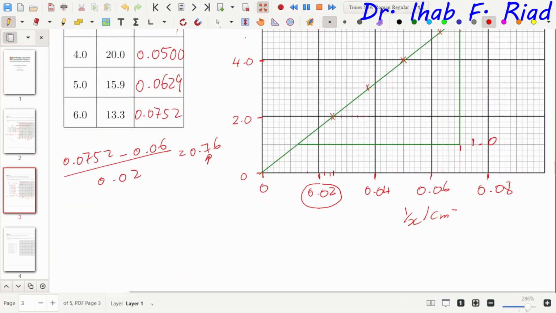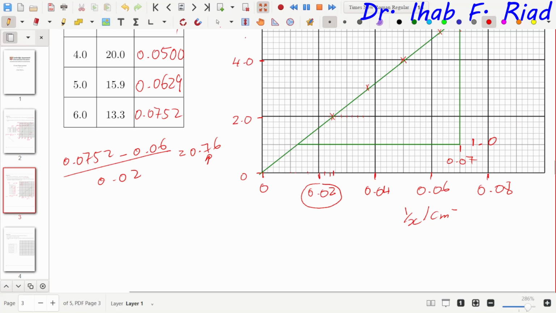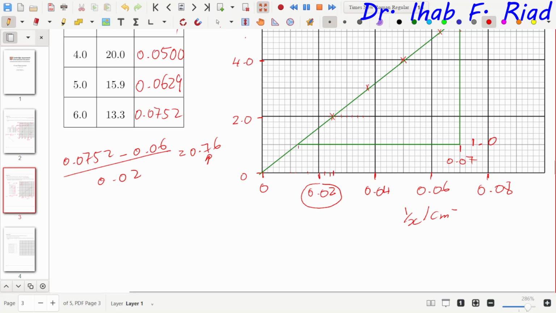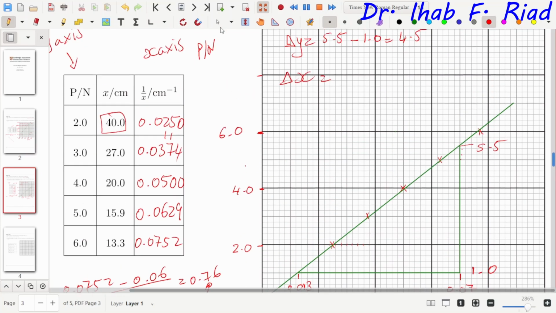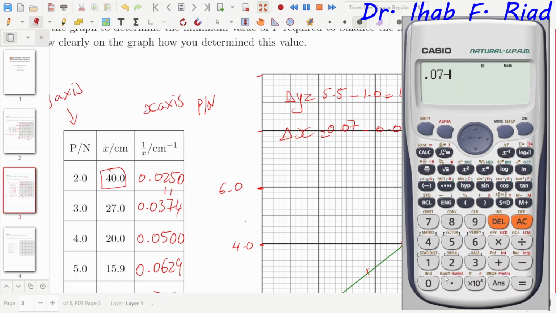What about the x? 0.06. This is 0.07. What about this value? This is 0.01, 0.012, 0.013, 0.057.